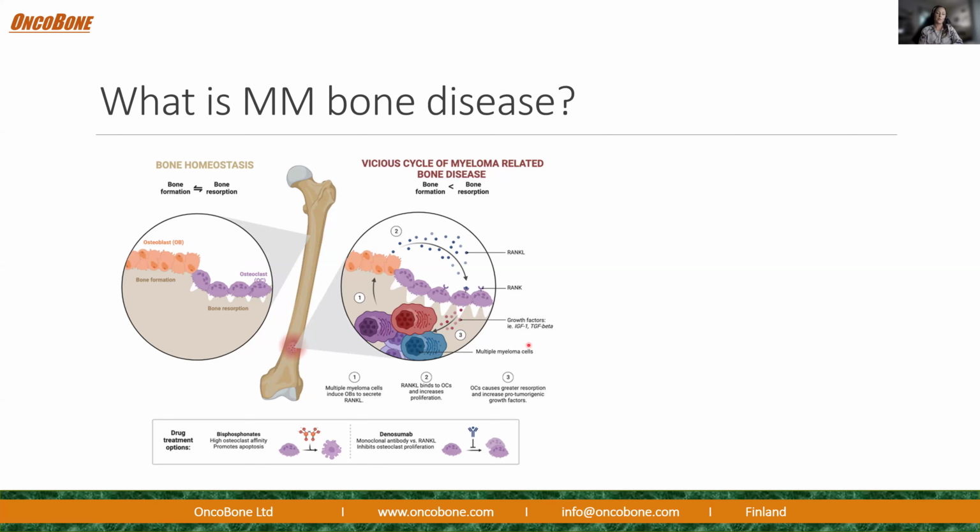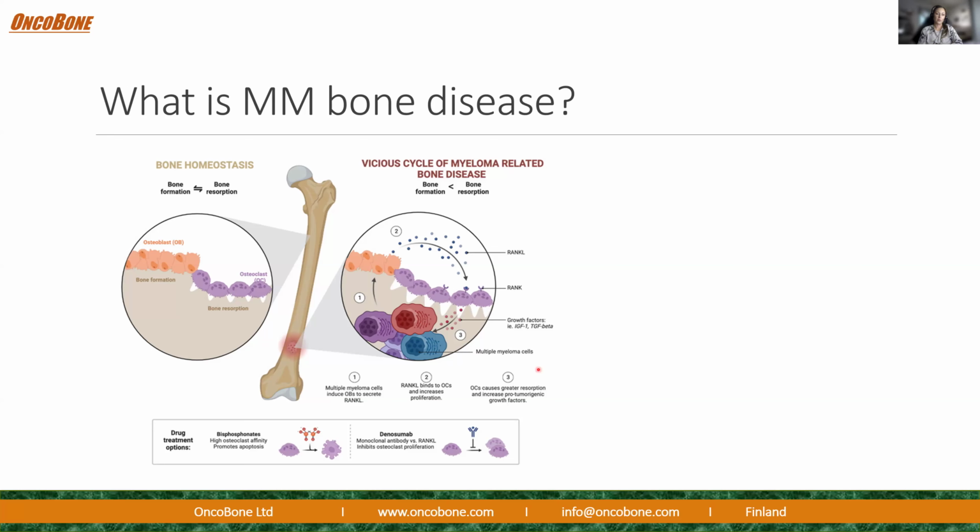And when the bone is being resorbed by the osteoclastic cells, all these growth factors are being released, and then they can be uptaken by the multiple myeloma cells, which then start this loop again. So this loop here is usually referred as a vicious cycle. So this happens in multiple myeloma, but for example, in bone metastases and other diseases where cancer and bone are in interactions with each other.